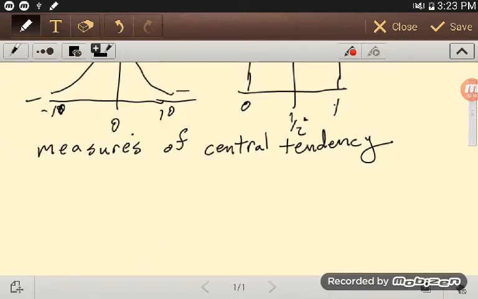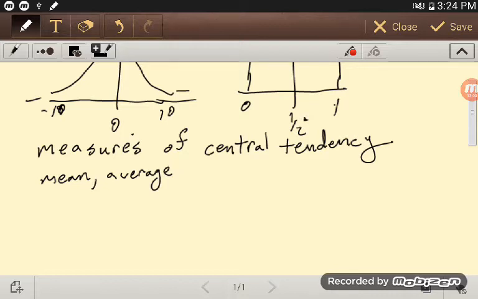We will look at really two ways, but we'll mention three. The main one we will use for most everything will be the mean, or we could call it the average.